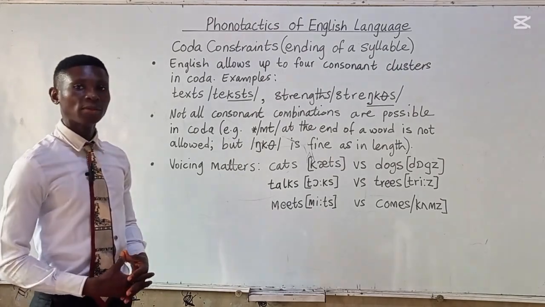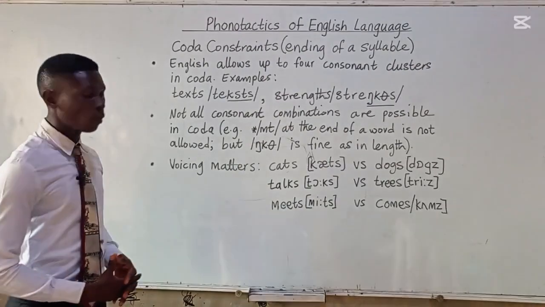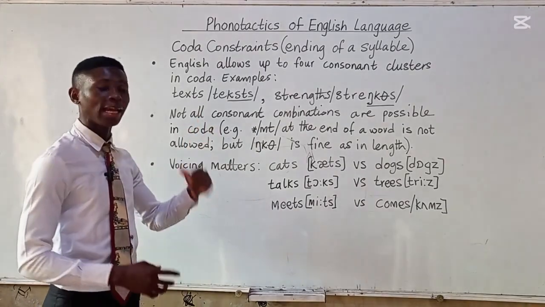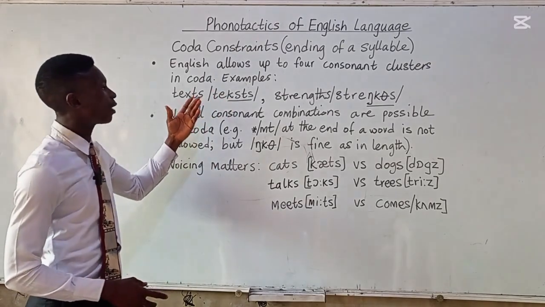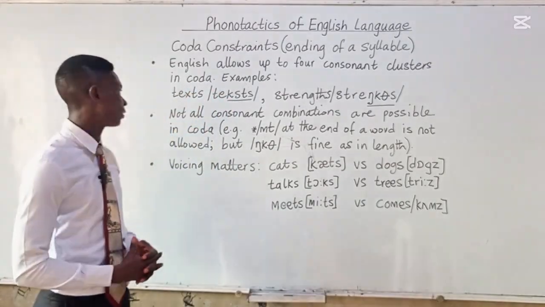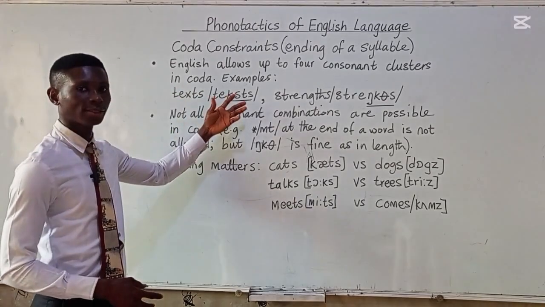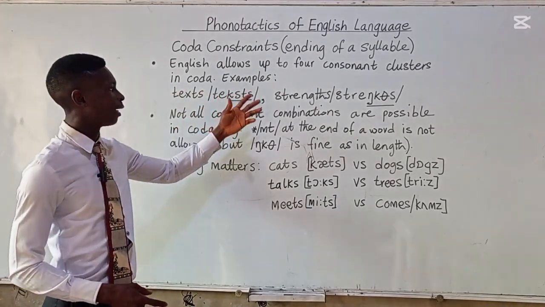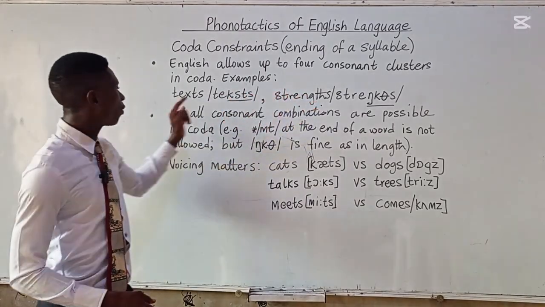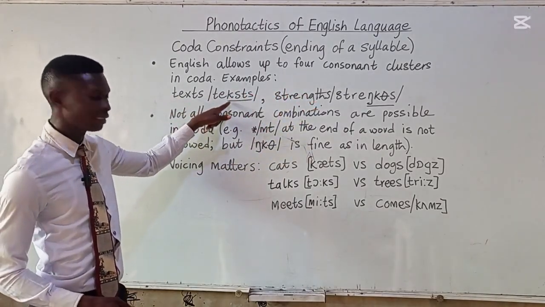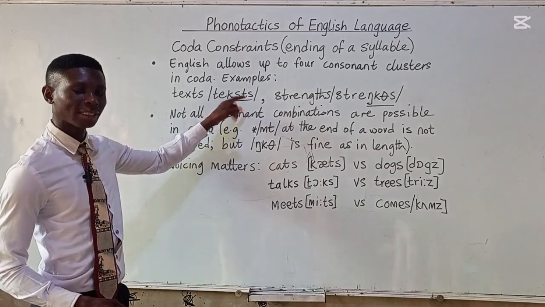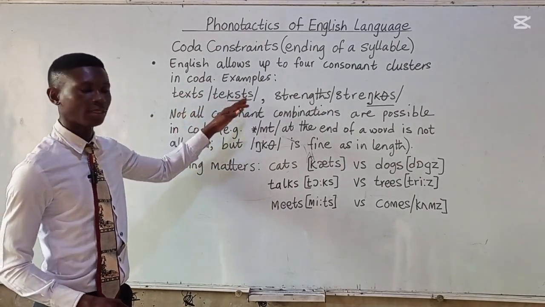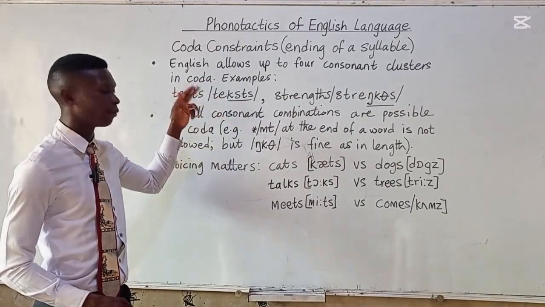A typical example of a syllable with a coda with a 4 consonant cluster is text and strength. So in these words, you have the consonant clusters. You pronounce all of these in one breath or in one beat.